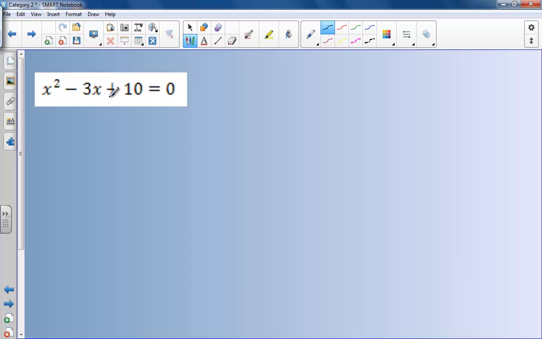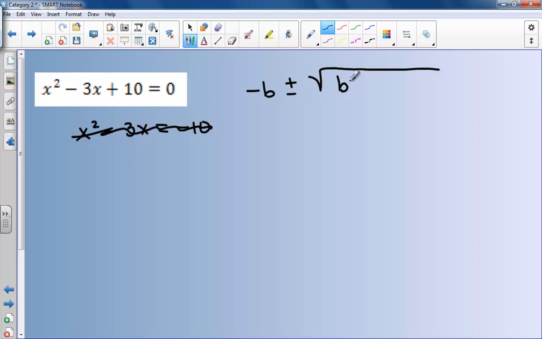Okay. So when I have a quadratic like this and I'm solving, we are using the quadratic formula, because that's going to be a fraction. This formula is on the formula chart. It's not something you can just remember.